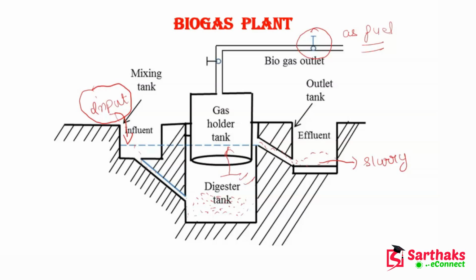These bacteria decompose this wastage and produce gas, and this is the gas holder tank. This gas comes into the gas holder tank, and then it is distributed or transmitted to our houses, where we use it as a fuel, just like we use LPG.